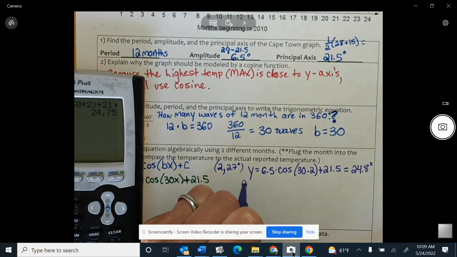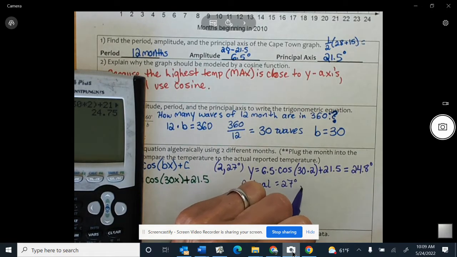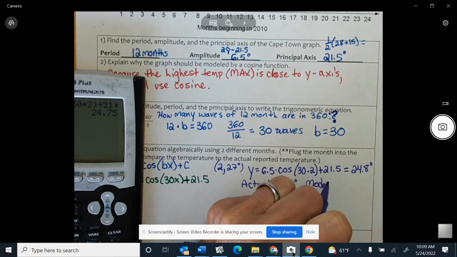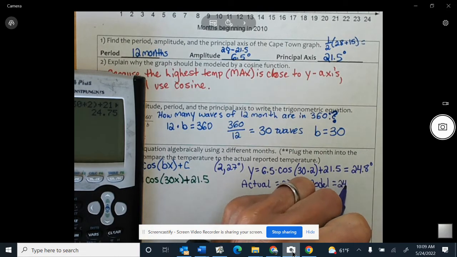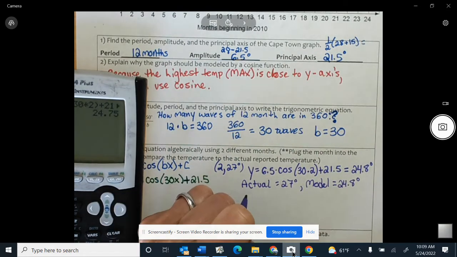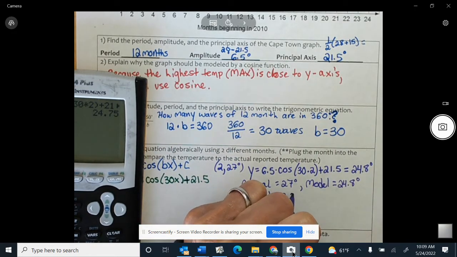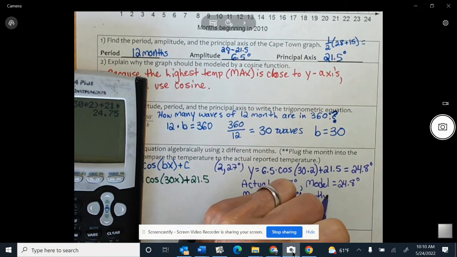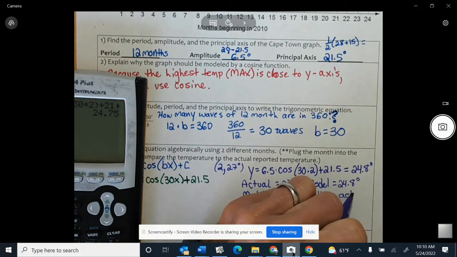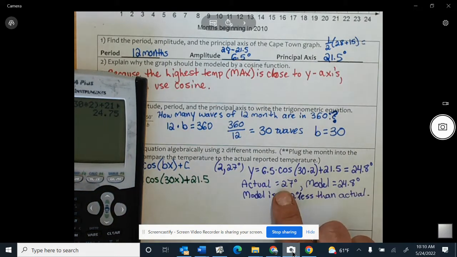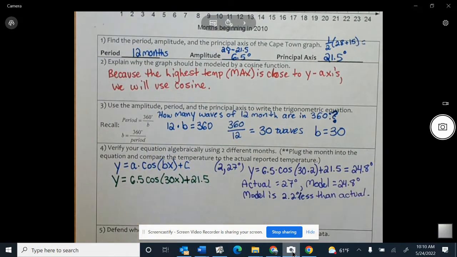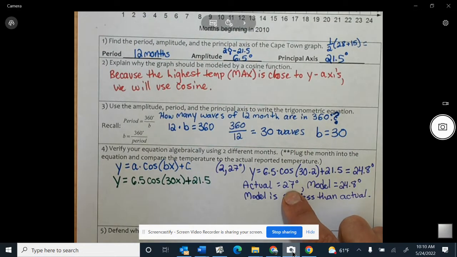And so actual is 27 degrees, model 24.8 degrees. The model is 2.2 degrees less than actual. So for the month of February, it underestimated the temperature of what it actually is.